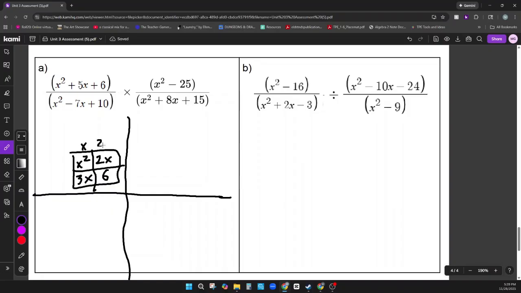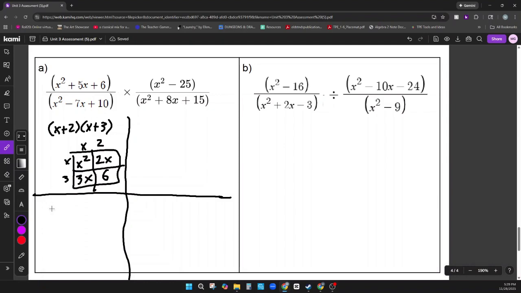So my combination works, giving me x and 2, x and 3, which gives me my two parentheses, x plus 2, x plus 3. The better your factoring skills are, the faster this question goes. It's a lot of components, but it's just factoring. So long as we're doing our factoring and understanding our factoring skills, hopefully this won't be much of an issue.